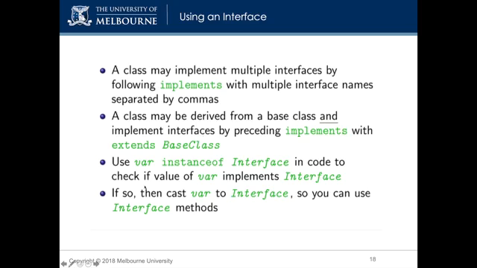You can check to see if a particular object is implementing a certain interface by using the keyword instanceof. You choose the object variable, you say variable instanceof, and then you give the interface name, and it will give you a Boolean return as to whether it is an instance of that or not. It's very useful as well.